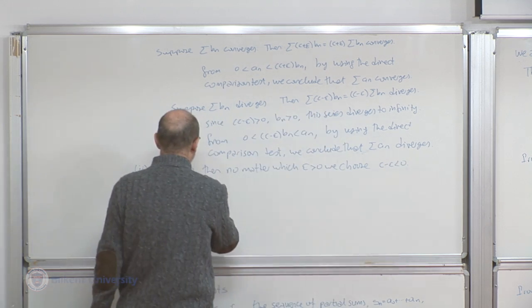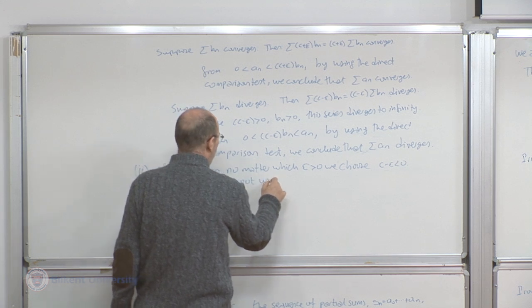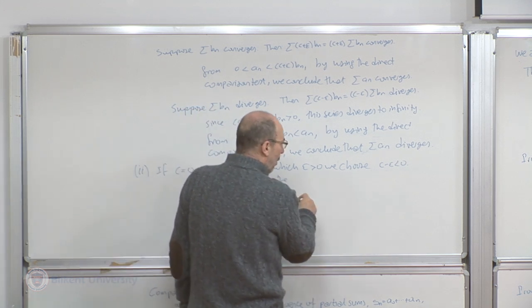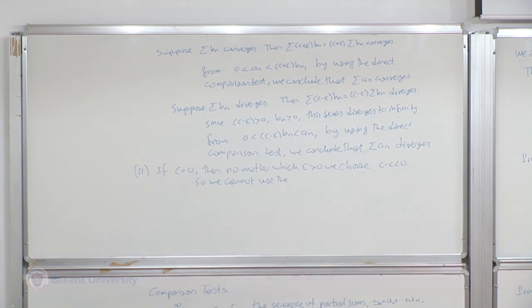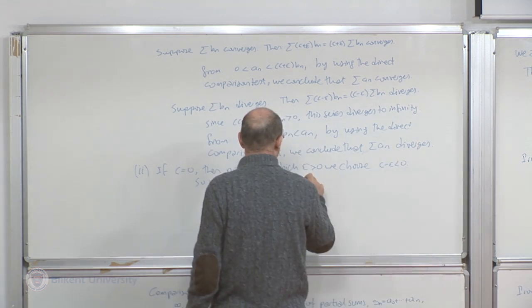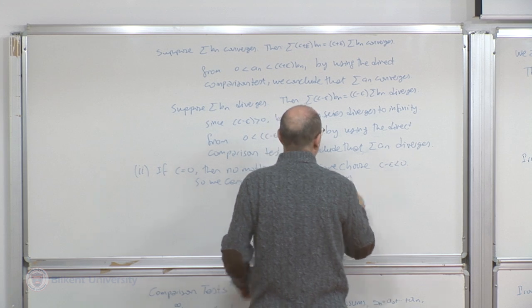Okay, so we cannot use the left side inequality. This is our basic inequality. We cannot use the left side of star.